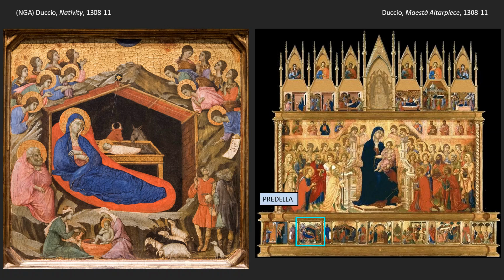And that central scene is then enlivened by a series of stories across the bottom and across the top and on the back. There are 51 smaller panels that tell us the story of the life of the Virgin Mary across the top, the infancy of Christ across the bottom, then his adult life and his death on the back.